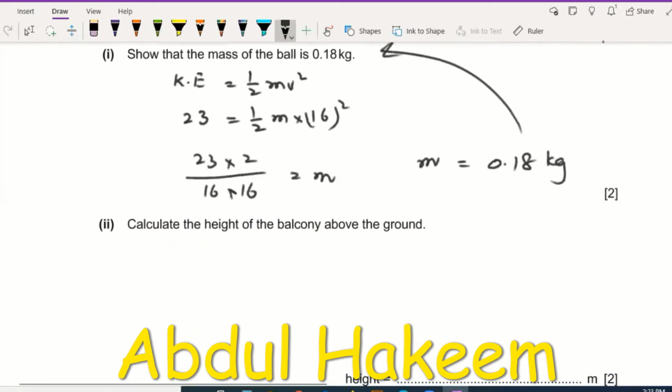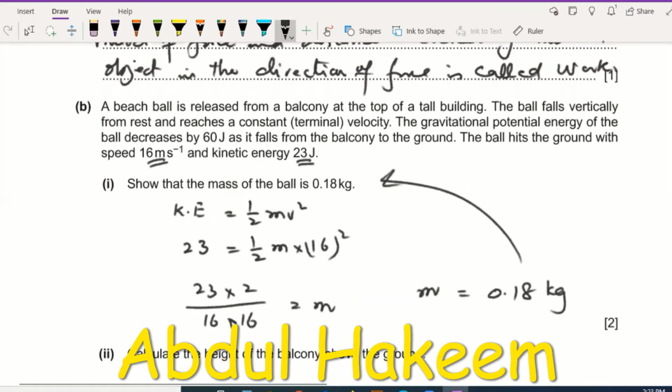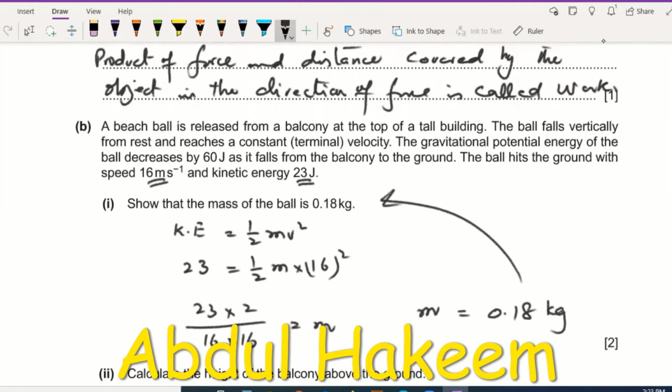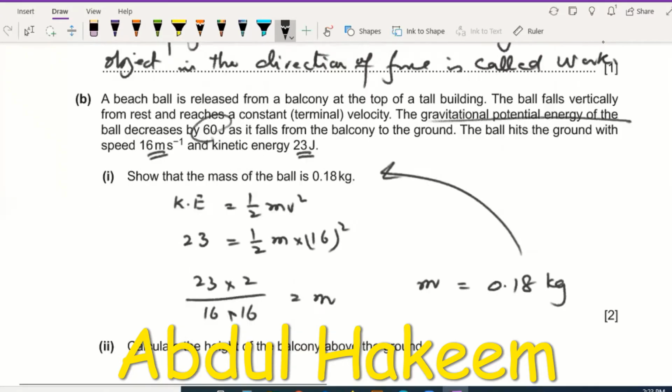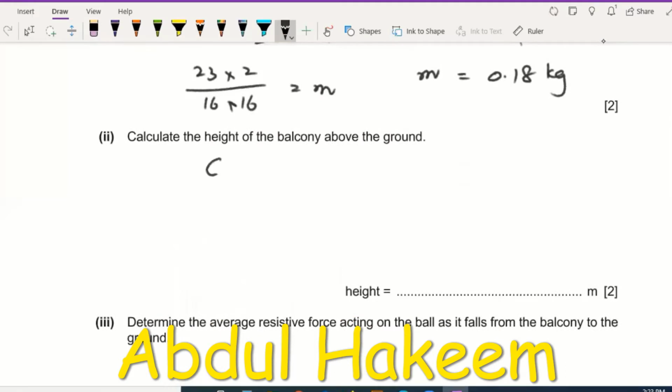Next, calculate the height of the balcony above the ground. Look, the gravitational potential energy is given as 60. So we will use the formula: gravitational potential energy is equal to mgh.